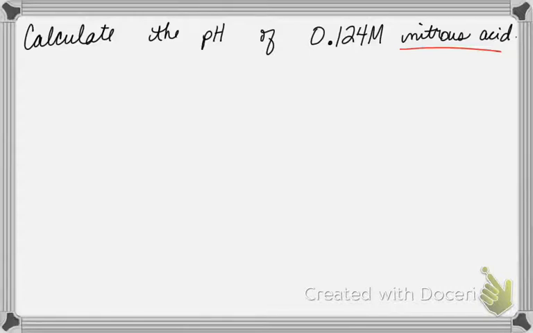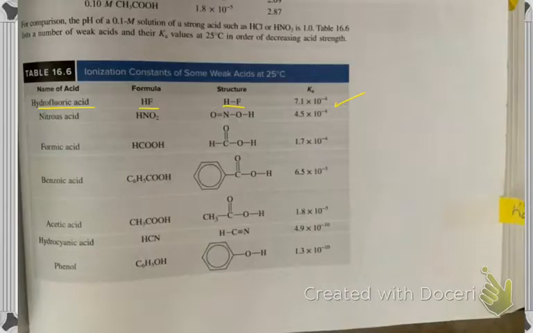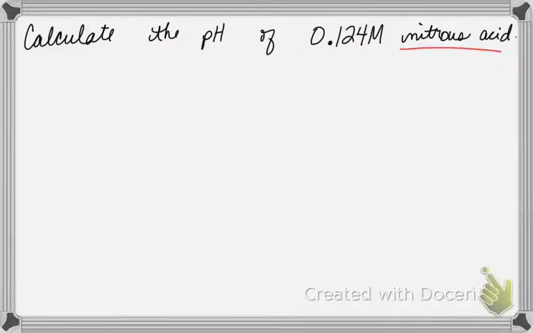You could look at your Ka table in your book and find nitrous acid and its Ka, 4.5 times 10 to the minus 4, and nitrous acid is HNO2. And so we know the Ka, I'm going to go ahead and write that down, is 4.5 times 10 to the minus 4.